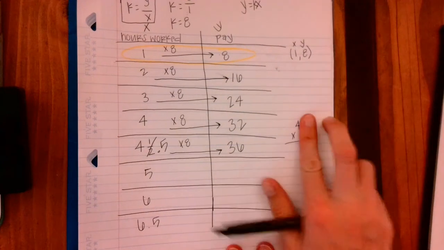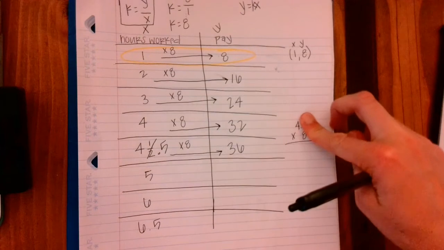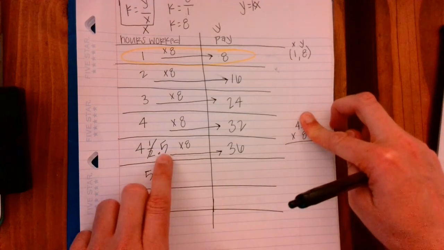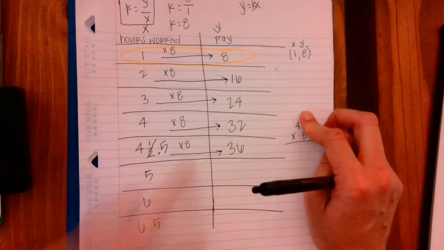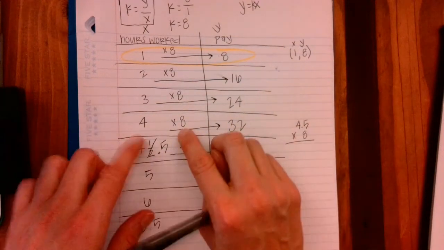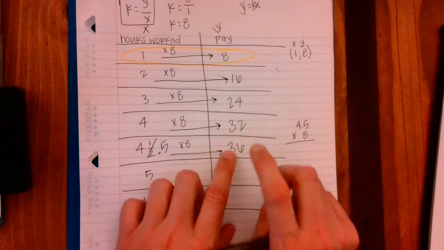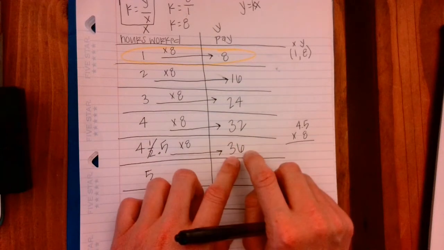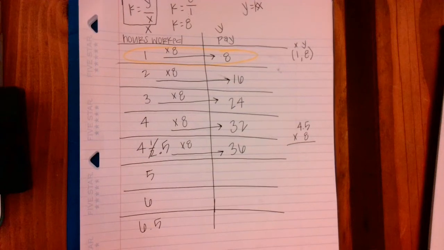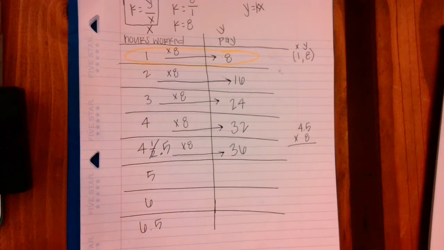Instead, I can do 4 times 8. And then I can say I have a half left, and half of 8 is 4. So 32, which is 4 times 8, plus half of 8, which is 4, is 36. If you want that broken down for you more, ask me in the morning. I would be more than happy to help you break that down.